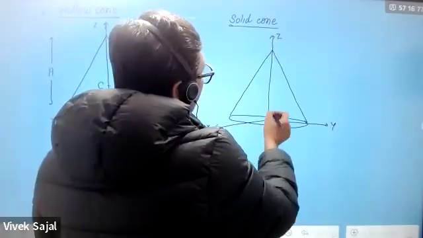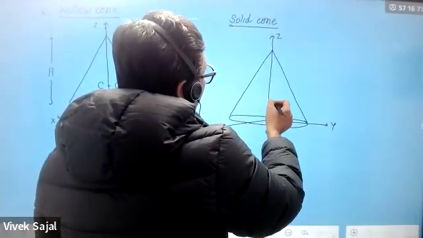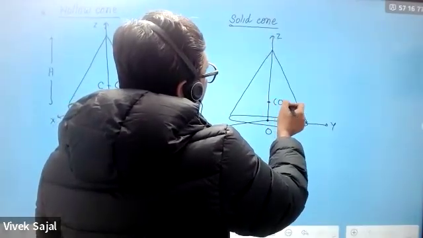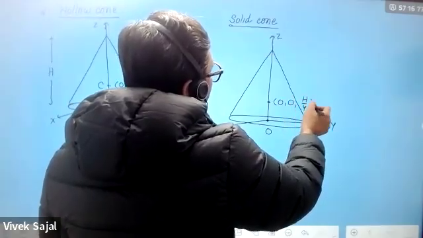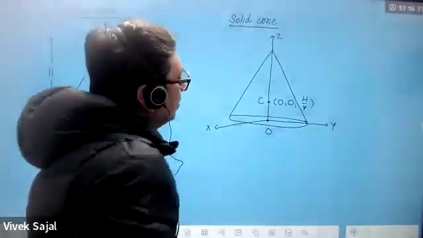Okay, so this is the origin. It will be at h by 4. So 0, 0, h by 4. This will be the center of mass.